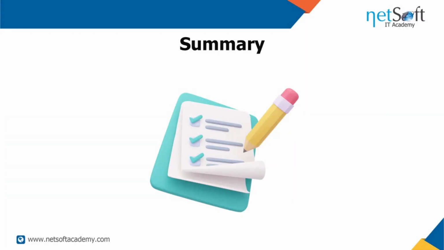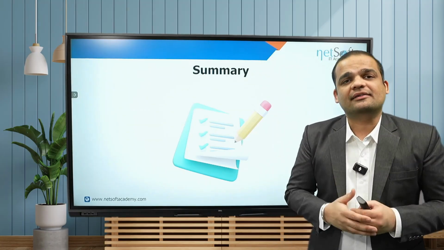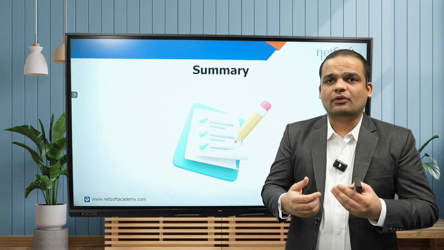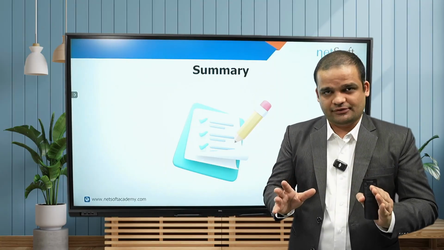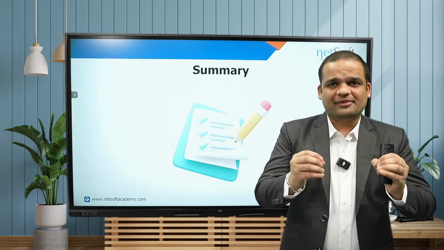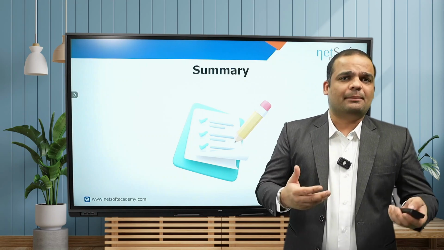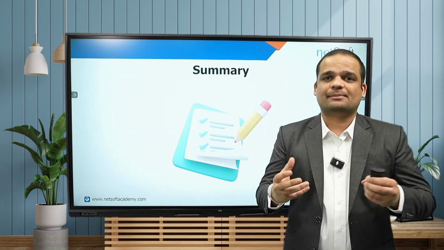Now, in summary, measuring and optimizing cloud computing performance is essential for delivering reliable and efficient service. Key performance indicators, like uptime, latency, throughput, and scalability, help assess system performance.